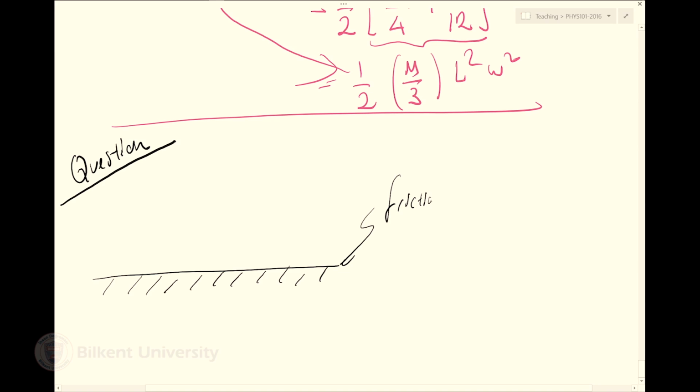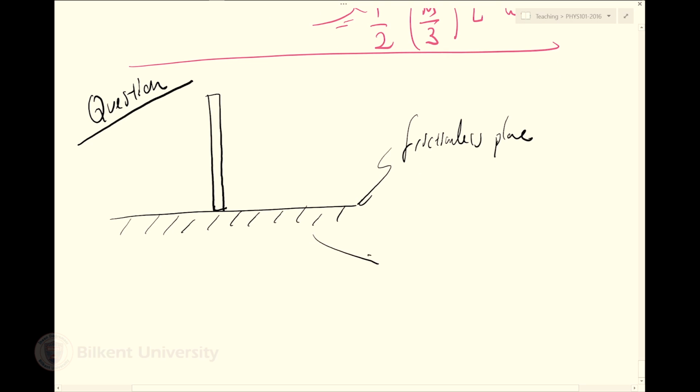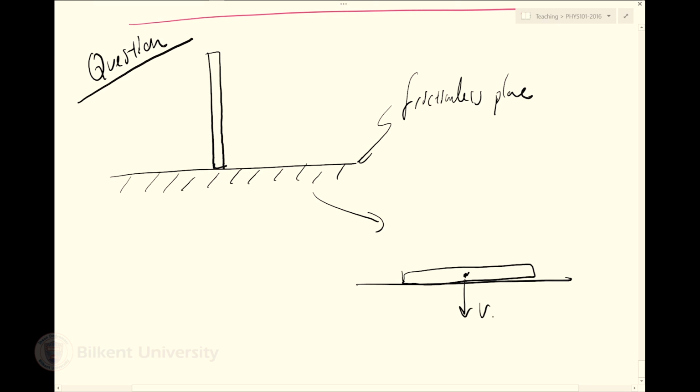Now I have a frictionless plane. And I'm leaving a rod, a uniform rod, initially vertical. What will happen to it? It's going to slide and go down. So the question is, as it hits the floor, what's the velocity of the center of mass?